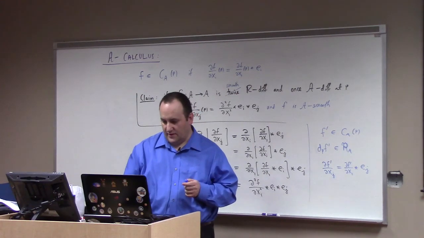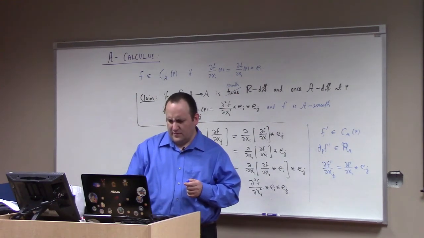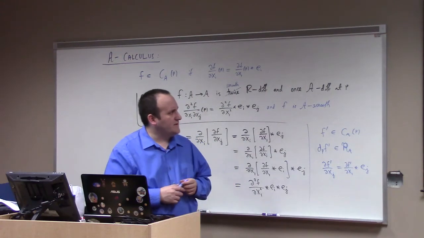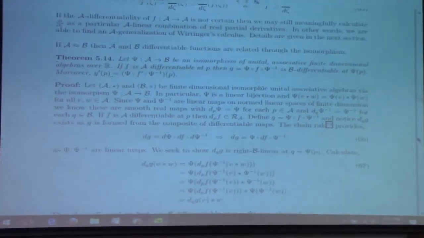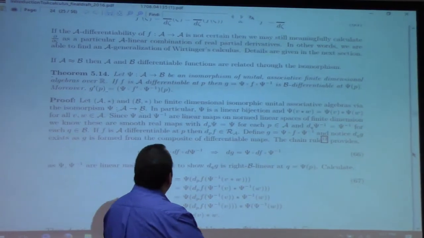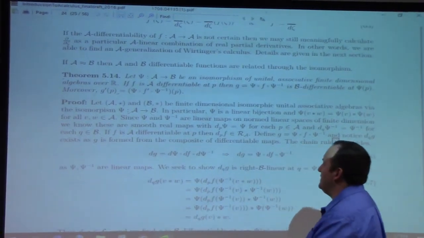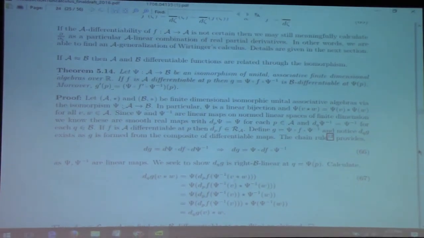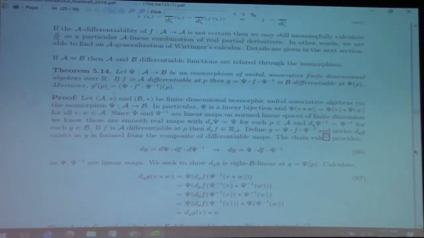Let's see here. So this theorem concerns if we have isomorphic algebras. I sometimes use this theorem. If we have isomorphic algebras, then you can always take an A-differentiable function and recharacterize it as a B-differentiable function by filtering it through the isomorphism and its inverse in this way.